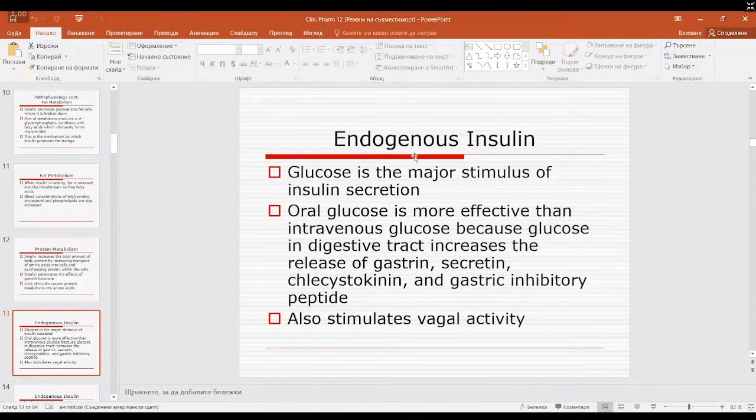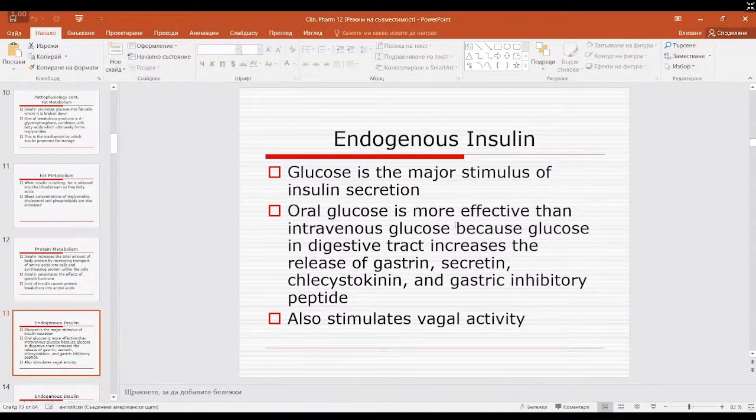Glucose is the major stimulus of insulin secretion, and one interesting and also important thing is that oral glucose is usually more effective than intravenous glucose to increase the secretion of insulin.